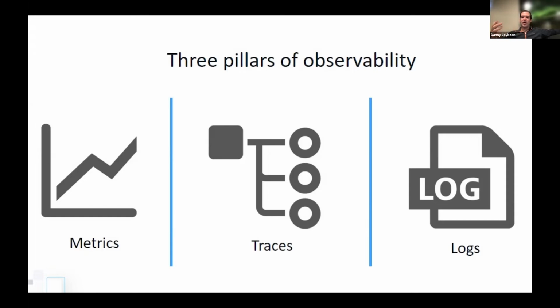Now, finally, logs are unstructured outputs of classic software applications that basically allow you to understand what's been happening within that application. So these three different pillars of observability, these three different artifacts that are produced by classic software applications, are the key to observability and monitoring for those classic software applications. And this is something that the DevOps world has figured out a while ago.